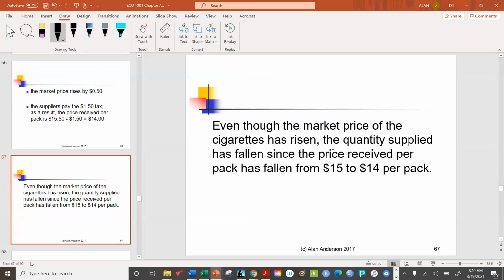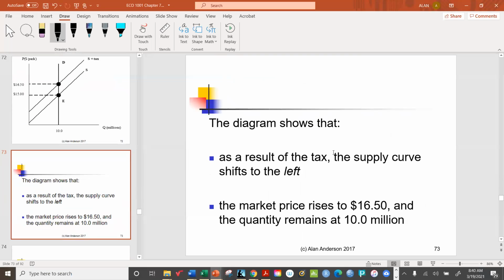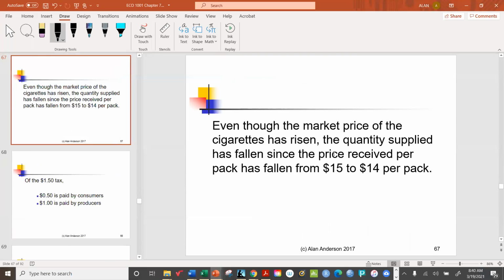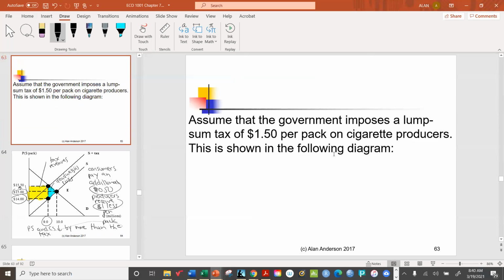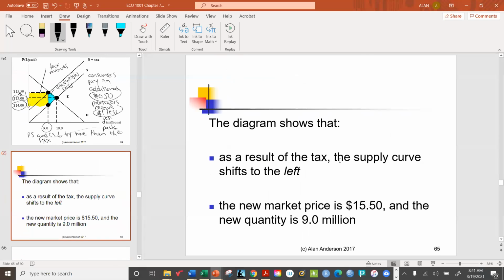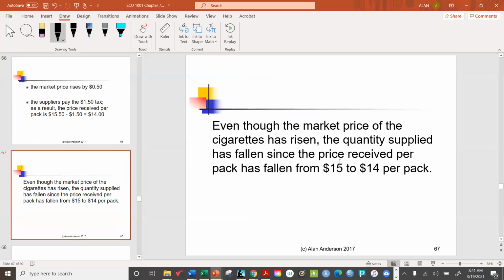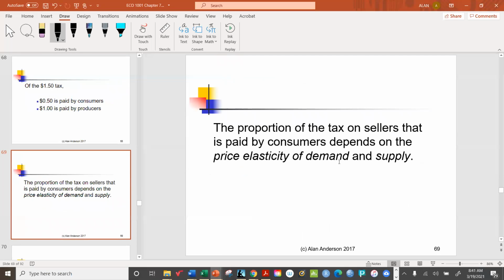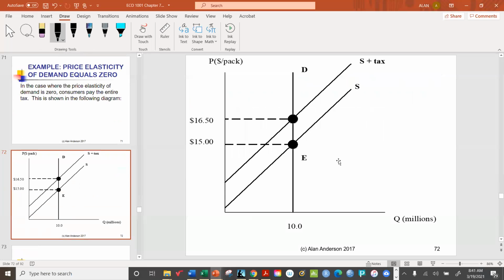Now, on the other hand, oh, and by the way, don't forget, we also saw these extreme cases. This is basically a standard case, but we have some extreme possibilities as well, where, for example, if we had a vertical demand curve, you can see what's happening here. The consumer is going to just pay the entire tax.